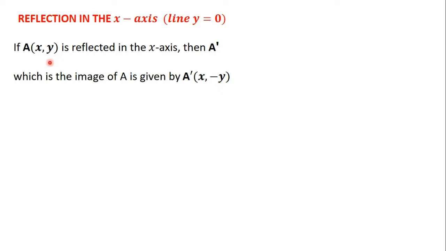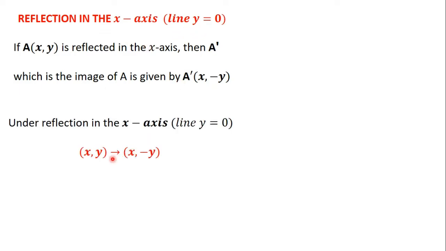This means that if you reflect a point with the coordinates (x, y) in the x-axis, then the image of that point will have the coordinates (x, -y). So under a reflection in the x-axis or the line y is equal to 0, the rule is that (x, y) maps to (x, -y).